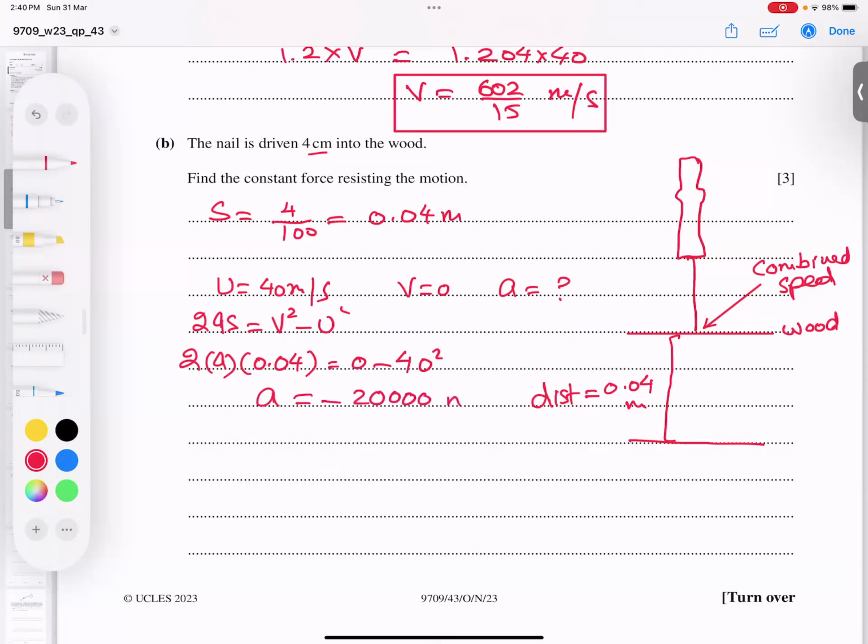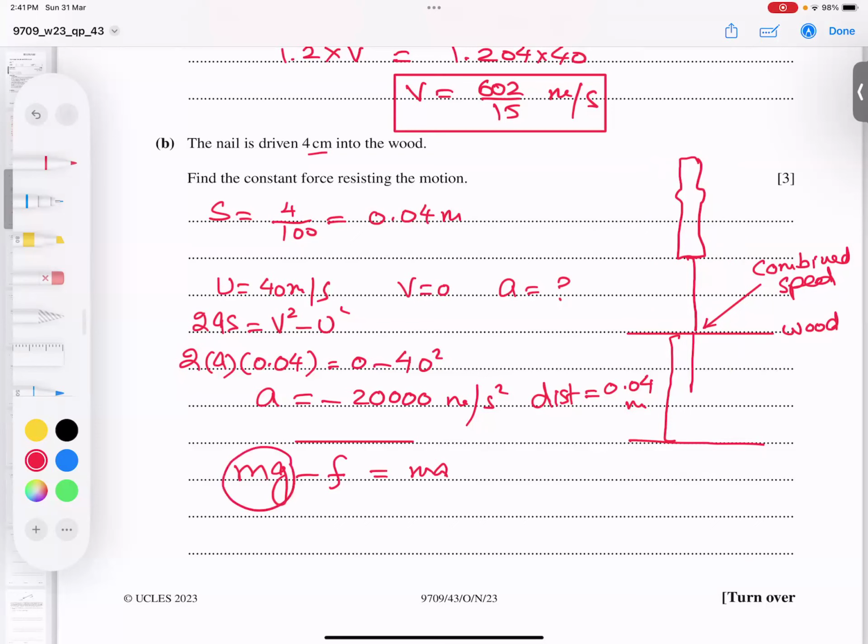Now I can say that when the particle is moving inside, its weight component mg minus the friction component equals ma, because when the nail enters inside, there is a resistance by the wood, and that is called friction.